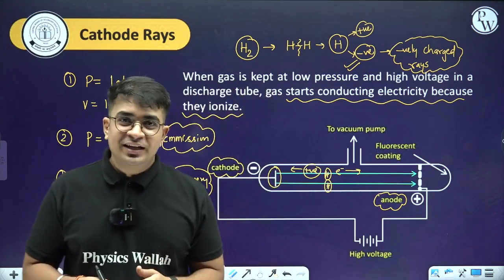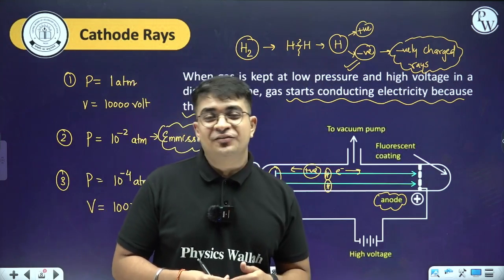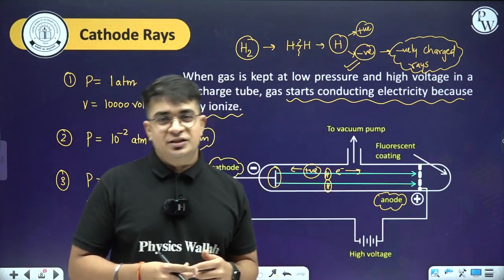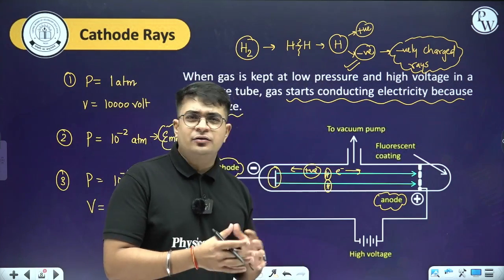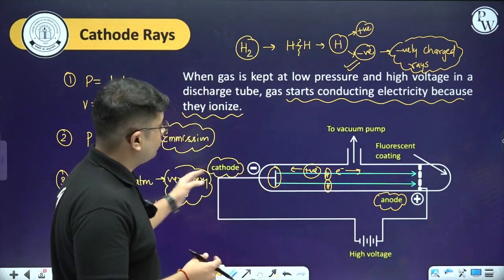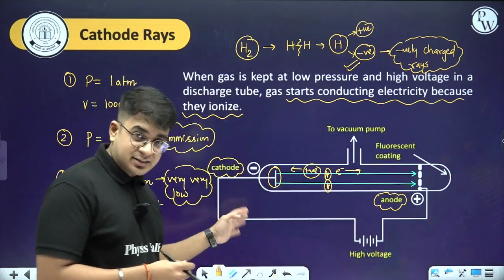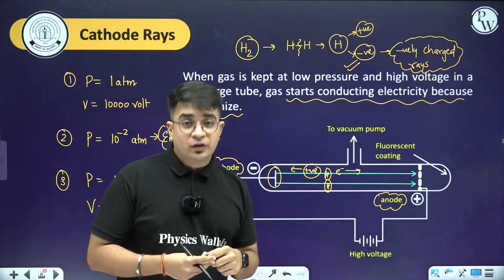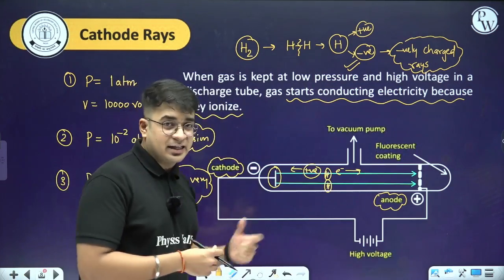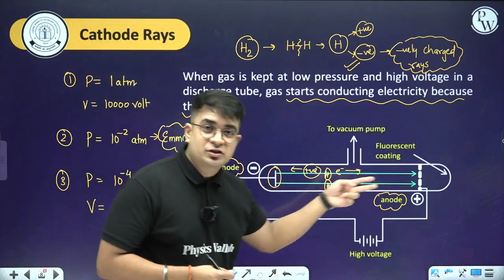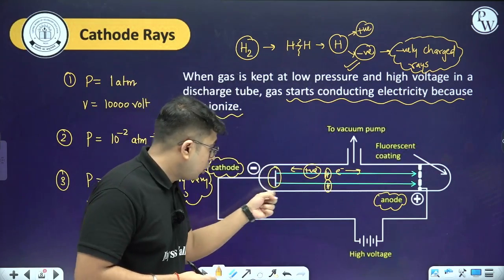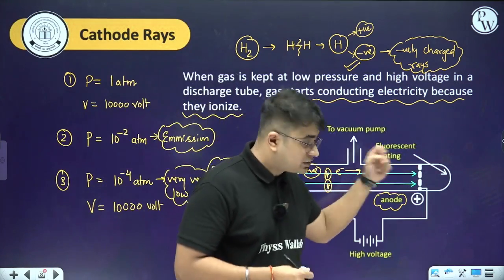That's why the entire credit for the discovery of the electron goes to J.J. Thomson, because after about 10-20 years, he also used the discharge tube made by William Crookes, and he did the same type of experiment to know about the nature of these rays which are supposed to be emitted from the cathode and moving towards the anode.